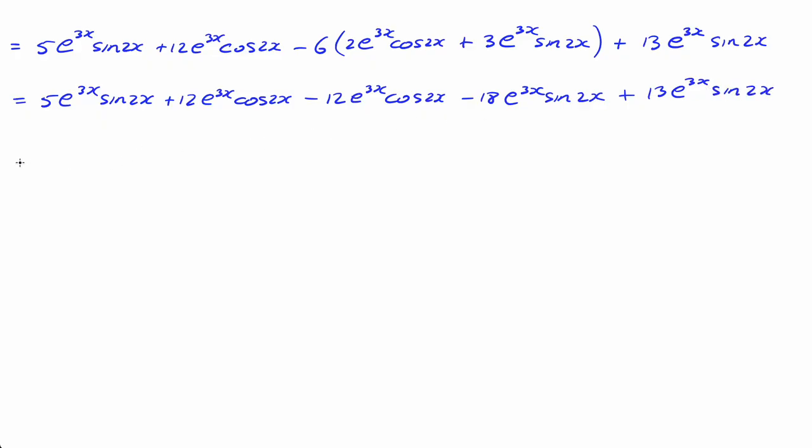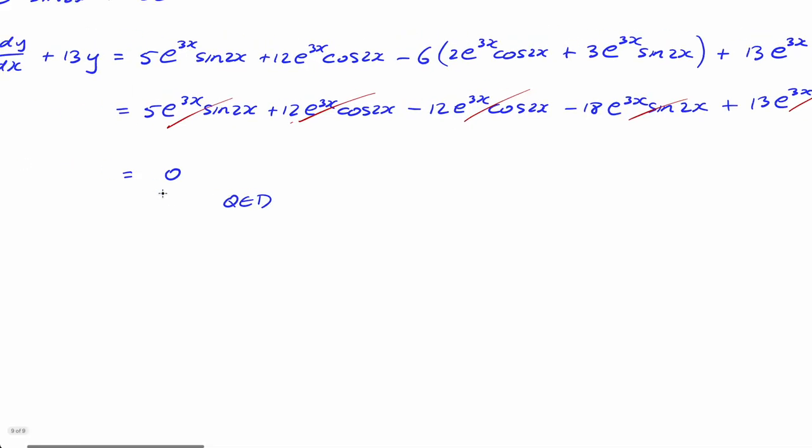Hopefully, guys, this all becomes 0. So I have the 5 sine 2x minus 18, so that's 5 minus 18 is minus 13, plus 13 is 0, so that's good. And then the 12e to the 3x cos 2x minus 12e to the 3x cos 2x, also 0. Great. So this equals 0, QED.